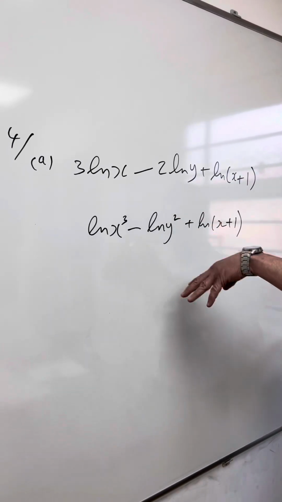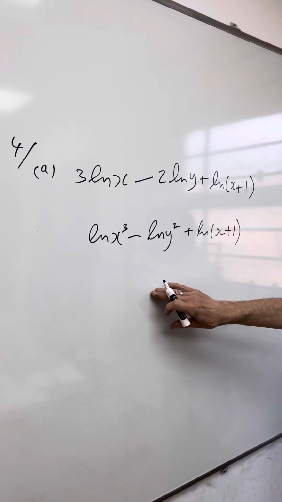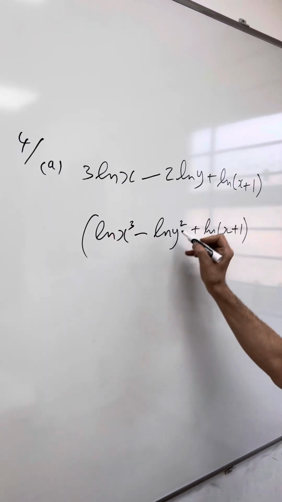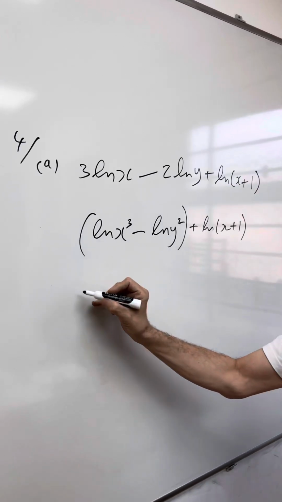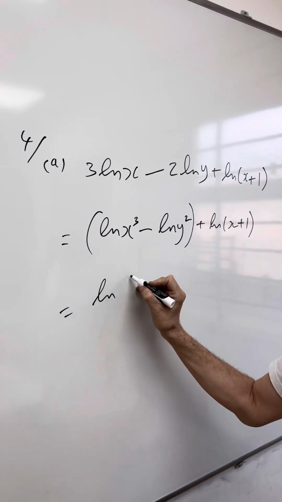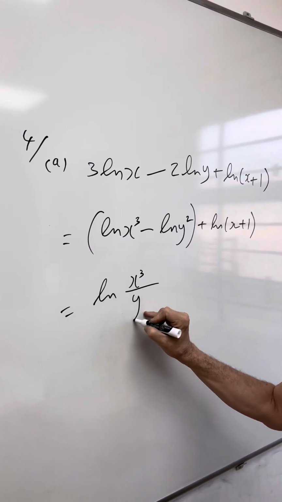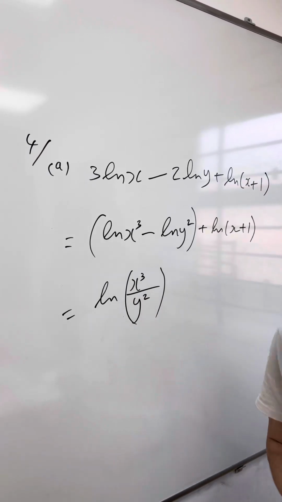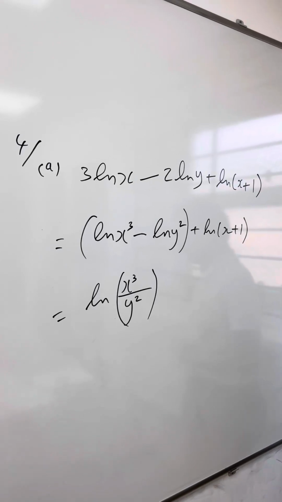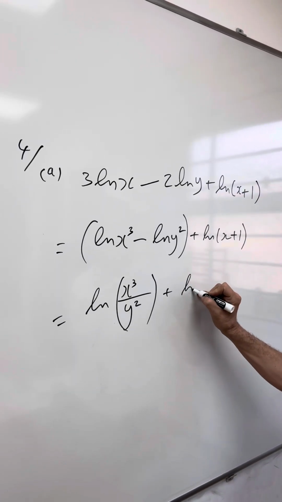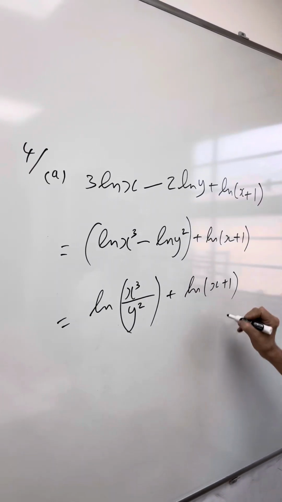Now this would then be a quotient. That's like log of a minus log of b. So that would then be ln of x cubed over y squared. Again, that's one of our results that we generalized a moment ago, plus ln of x plus 1.